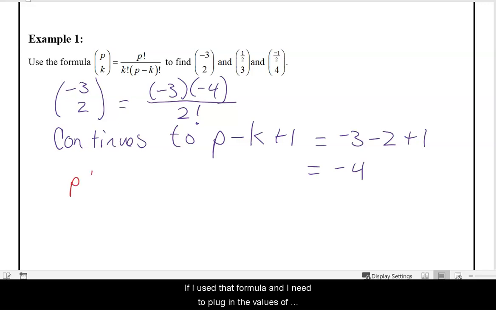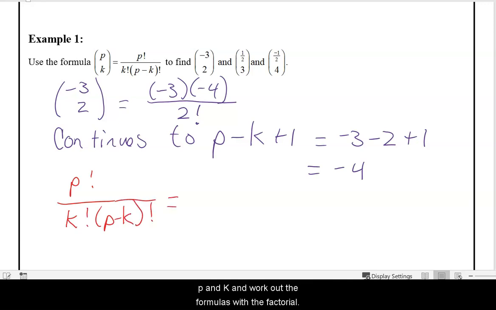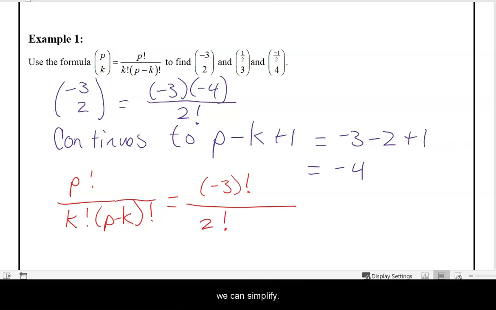If I use that formula, then I need to plug in the values of p and k and work out the formulas with the factorials. P in this case is -3. Now that's a bit of a problem since we've never had a negative in a factorial before. However, we'll use our idea of what a factorial does to see if we can simplify it.